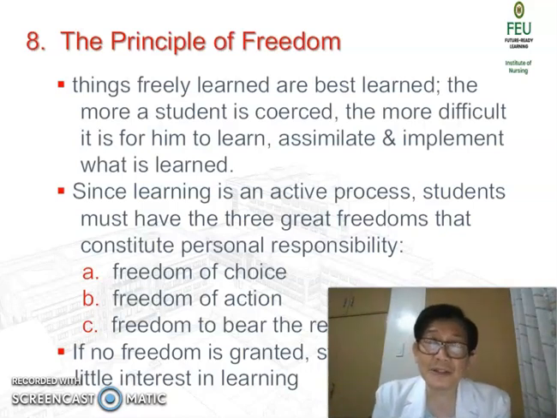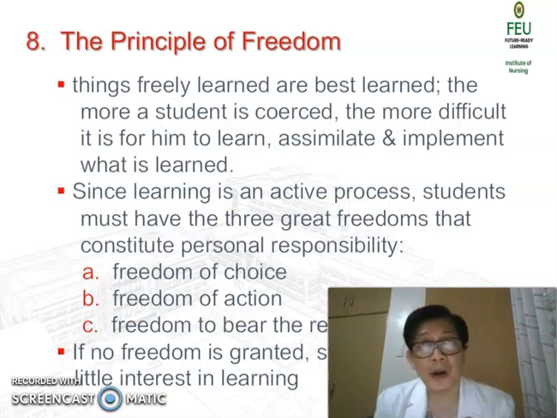Same as in college, no? Since we are already adult individual and we have our ability to decide, we were being asked by our parents, anak, anong gusto mong kuhaning kurso sa college? I will support you. So that should be the case, no? Or the ideal case, no? Because you will learn by motivation, no? But not with coercion.